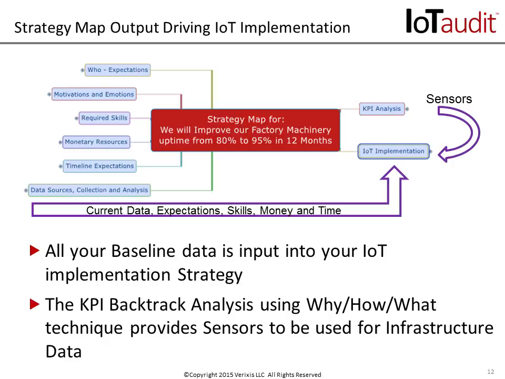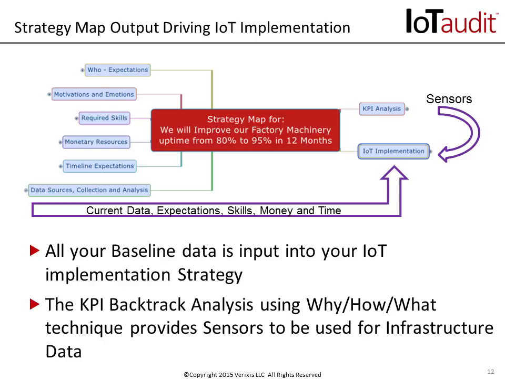All right, now the last slide even made me dizzy, and I created it. So let's take a simple review again because the points are really important here. We're creating our strategy map. On the left-hand side, we collected our baseline data. And the really important data that comes across is your current data that you're going to use along with your new IoT data, all of people's expectations, the skills, the money resources, and time expectations feed into the IoT implementation plan.